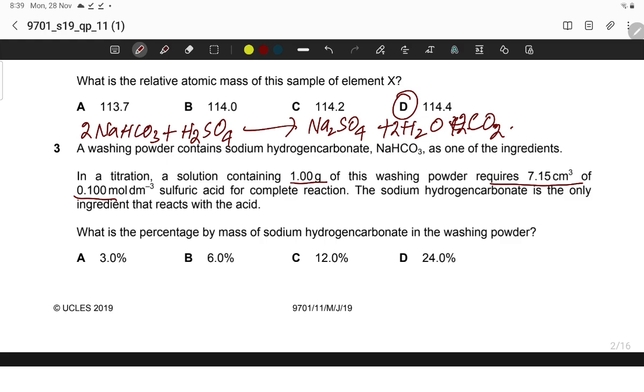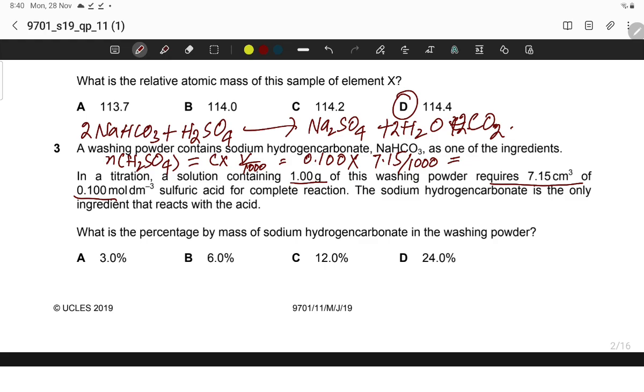So first calculate the moles of sulfuric acid. Moles of H2SO4 is equal to concentration into volume over 1000. The concentration is 0.100 multiplied by 7.15 divided by 1000.